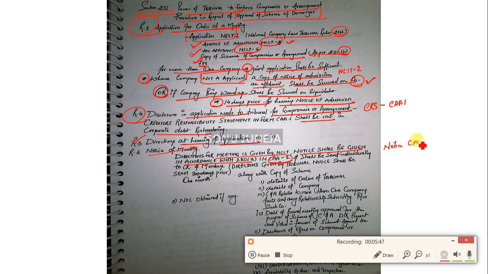These forms have already been discussed in prior videos, so you can look into them, as well as these sections. It shall be sent individually to creditors and the members according to the direction given by the tribunal at least 1 month before.